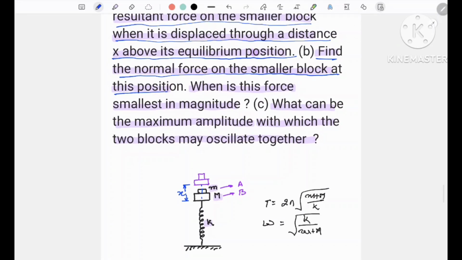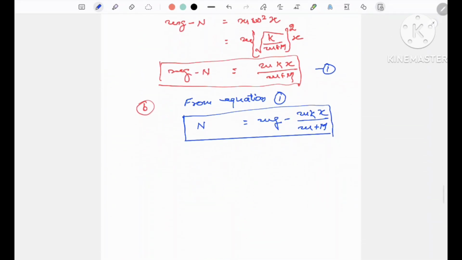The second part of B: when is this force smallest in magnitude? This is the first part, and this is the second part.